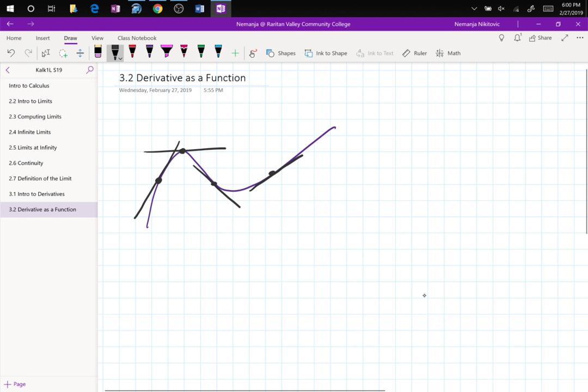So now the question is, can we draw the derivative if we have the graph and we don't know what the function is?